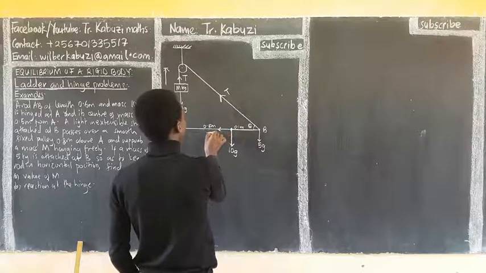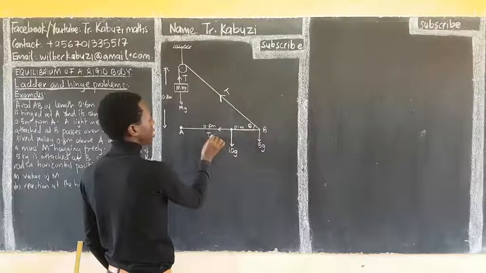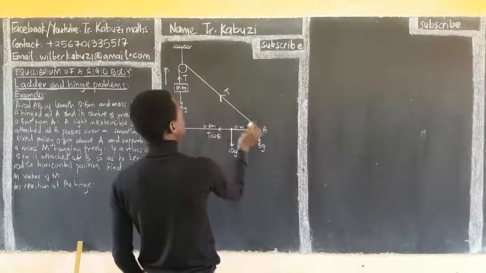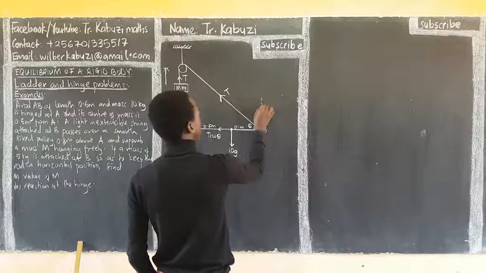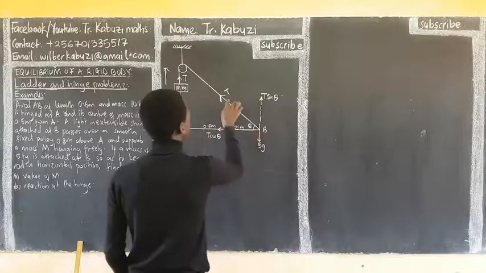I'm going to be having T, then you see this one is adjacent, T cos theta, then vertically upwards we are going to be having T sine theta, resolving this tension in the spring.